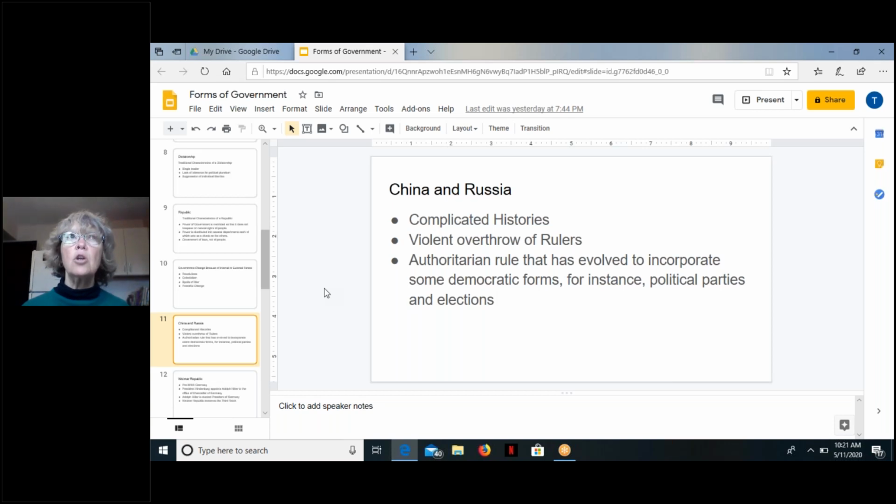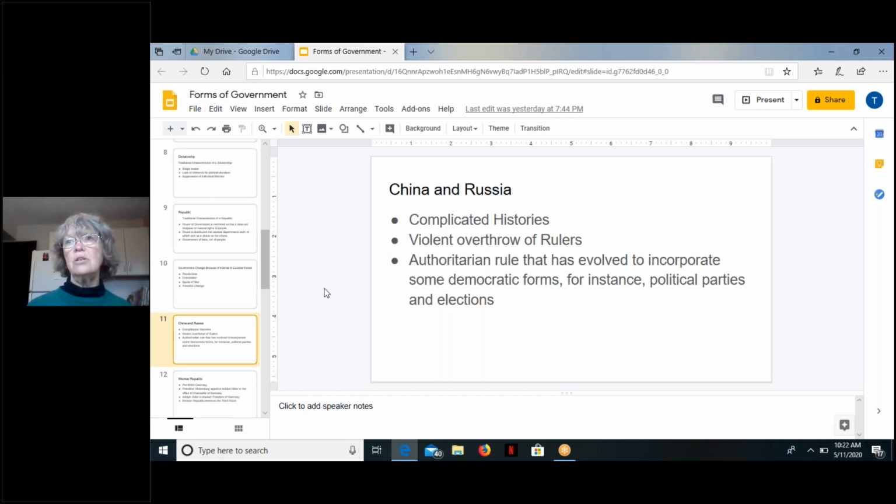But we know that in the early 20th century, both of those countries experienced violent overthrow of their rulers and were then replaced by authoritarian rule. And if we study that history, we know that up to modern times, that authoritarian rule has taken on some democratic forms.